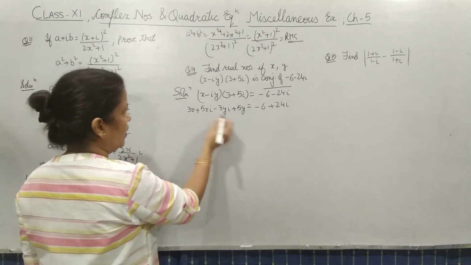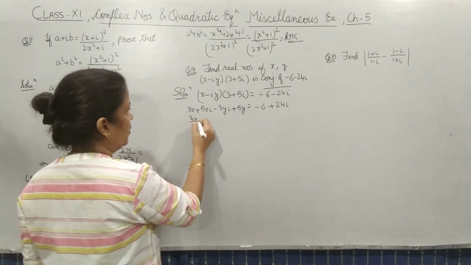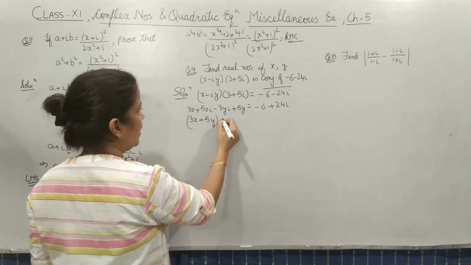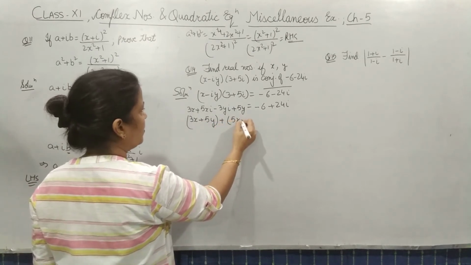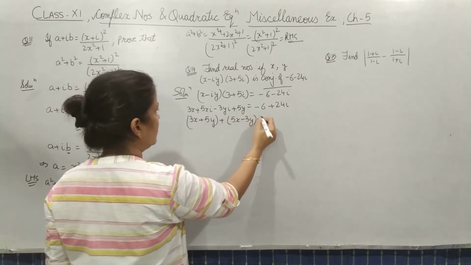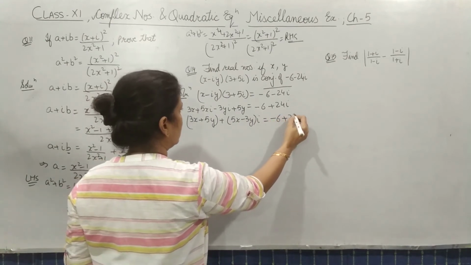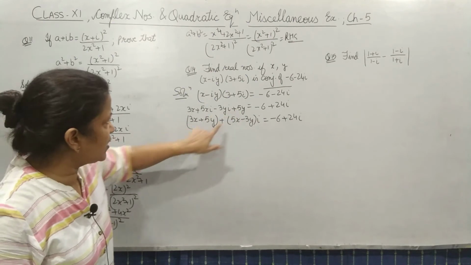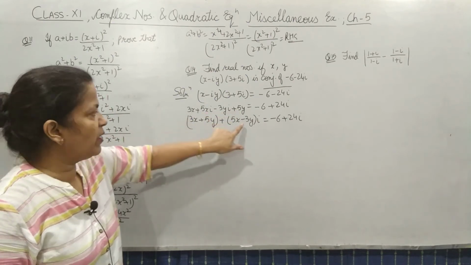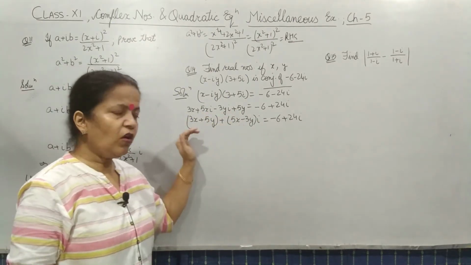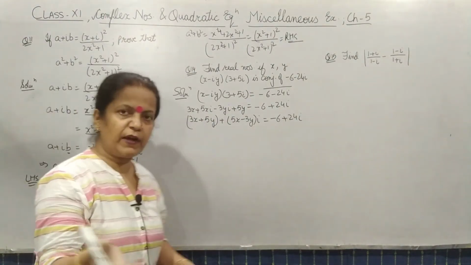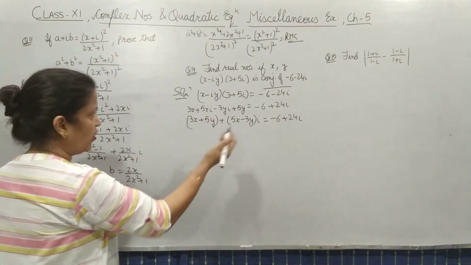Now keep the real parts and imaginary parts together, like this. So what should be the next step? We have taken the real parts together and the imaginary parts together. Now we will do the same procedure as we did over here, by comparing the real parts and the imaginary parts on both sides.